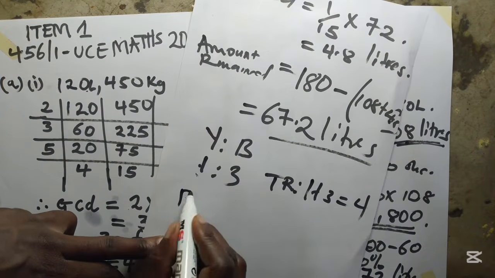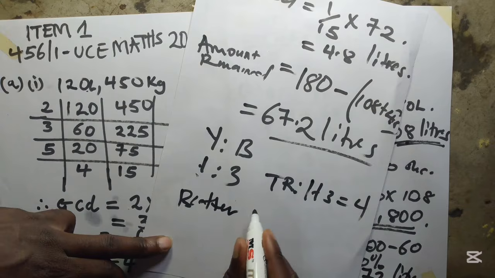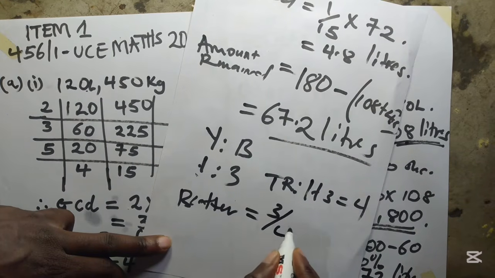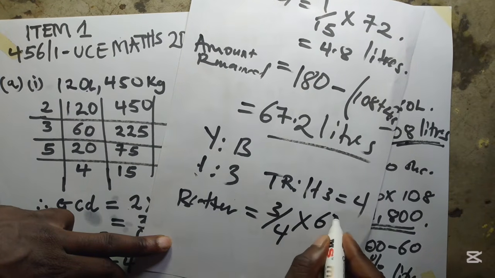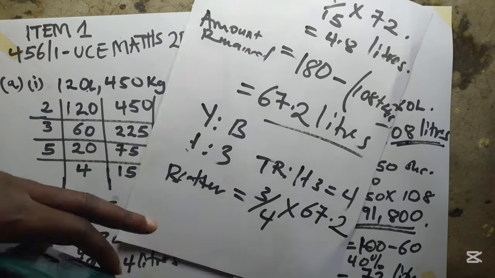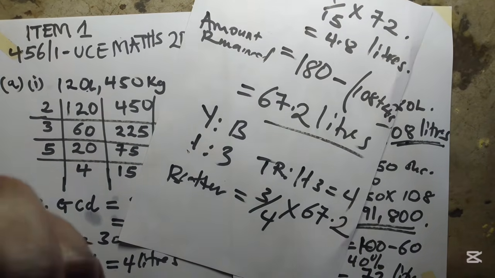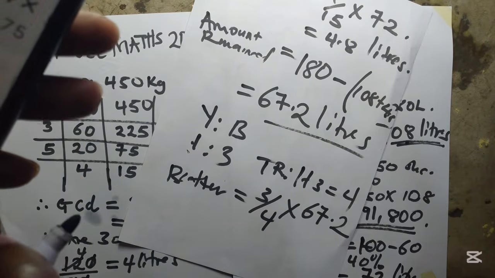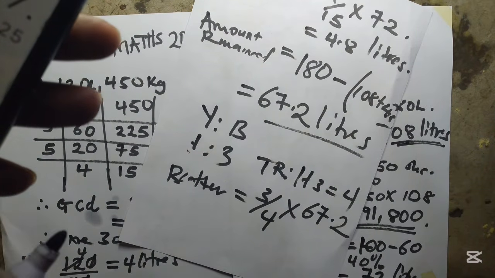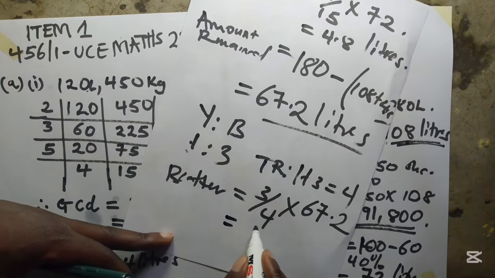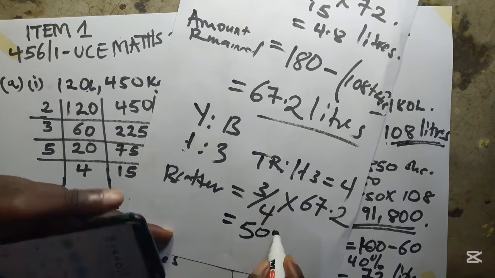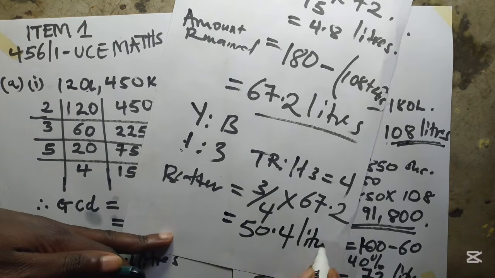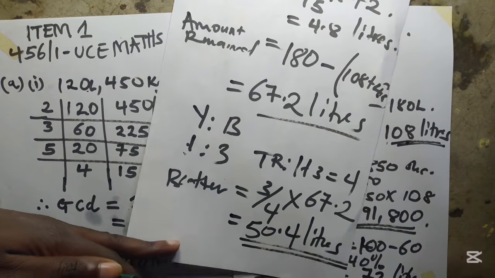Now for butter, I've called it B. It will be 3 out of the total ratio times the amount of milk, so 3 out of 4 times 67.2, you get 50.4 liters of milk used to make butter.